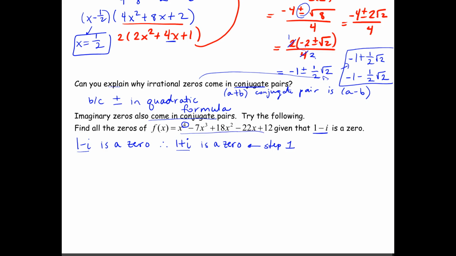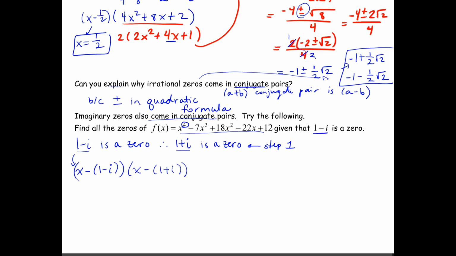So, quick reminder, if 1 minus i is a 0, then you know that x minus (1 minus i) is a factor. And if 1 plus i is a 0, then I know x minus (1 plus i) is a factor. Just like if you had 2 was a 0, you would know x minus 2 is a factor.